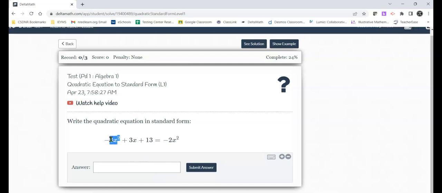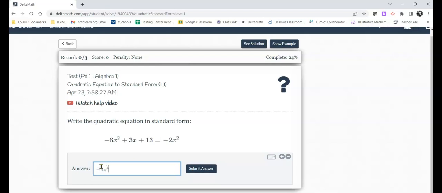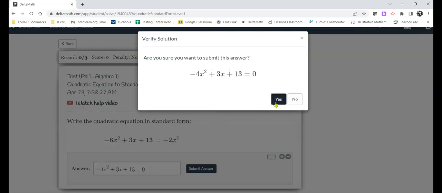So if I add 2x squared to this like term, I'm going to get negative 4x squared, and positive 3x remains the same, and positive 13 remains the same. Positive 3x, positive 13, and equals 0. Once it equals 0 and your exponents are in descending order, then you are in standard form.